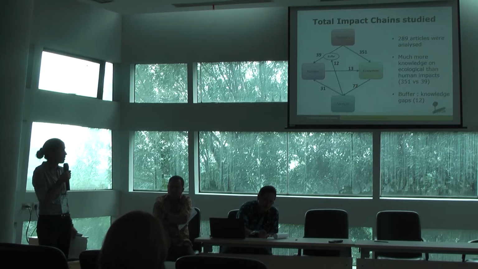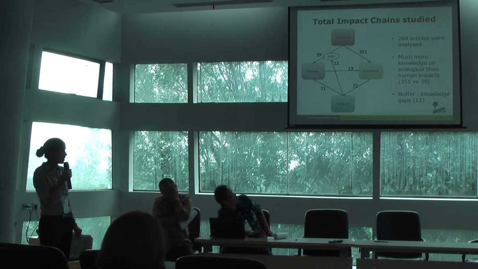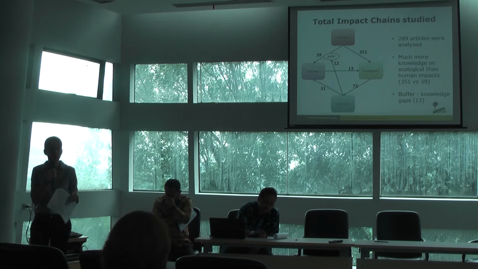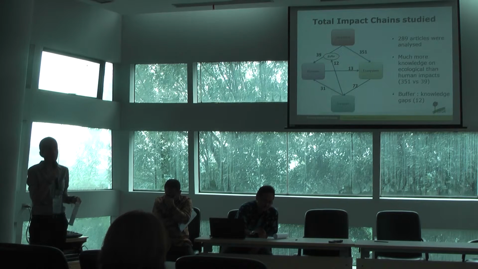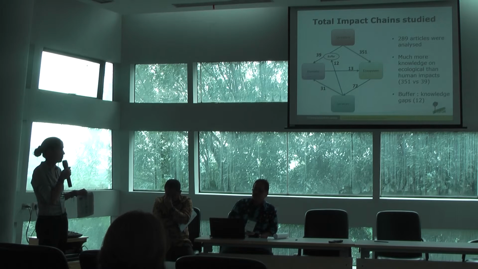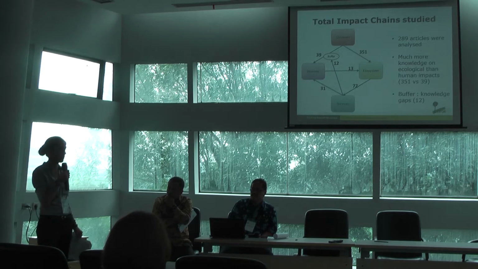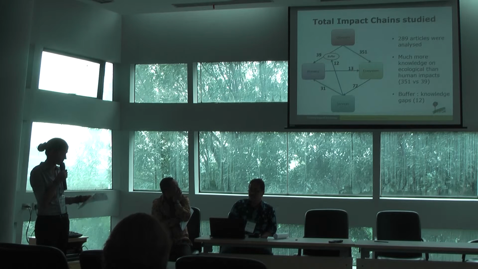And another knowledge gap is how buffers are understudied, whereas they play a crucial role for the survival and well-being of coastal communities, like when I mentioned how mangroves protect the coastal areas and consequently the habitats and livelihoods of coastal communities.